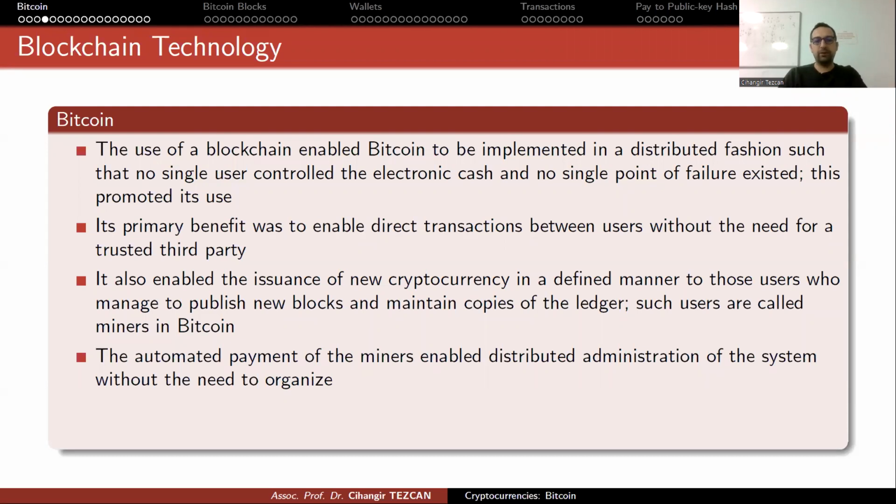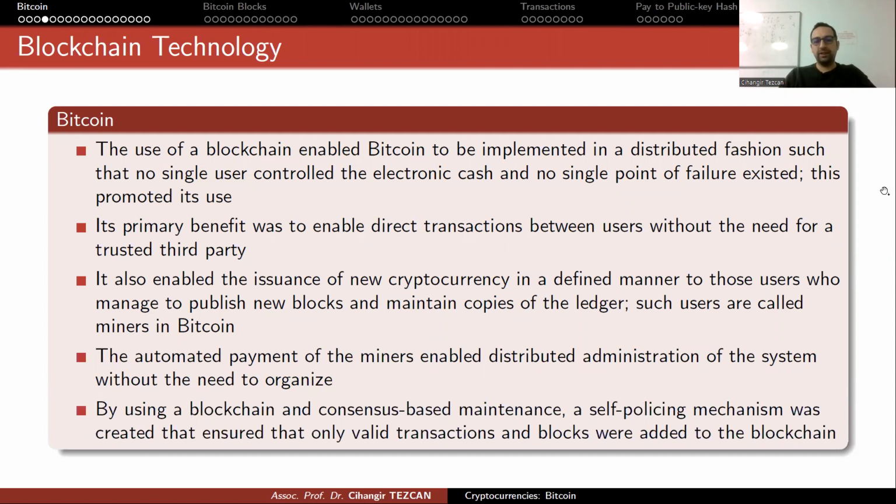The automated payment of miners enables distributed administration of the system without the need to organize. So this is why it is automatic. When a new block is added, the person who added it is rewarded, so you don't have to deal with anything else. By using a blockchain and consensus-based maintenance, a self-policing mechanism was created that ensured that only valid transactions and blocks were added to the blockchain, right?